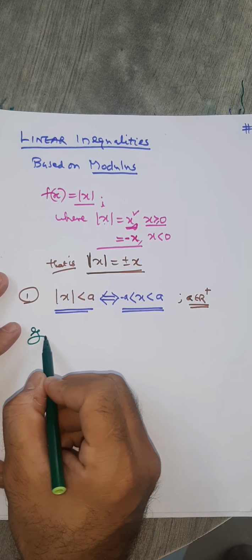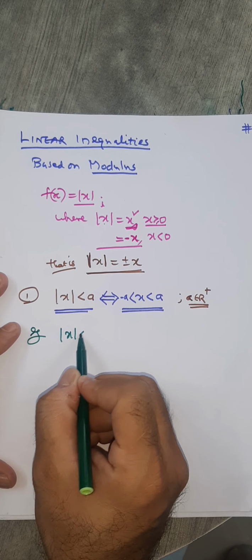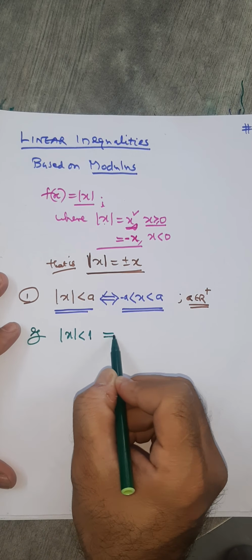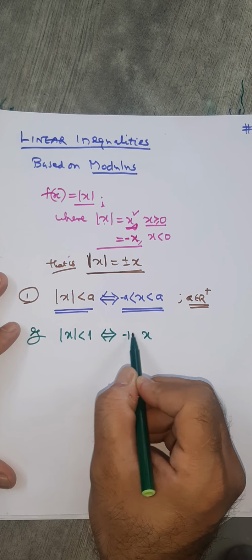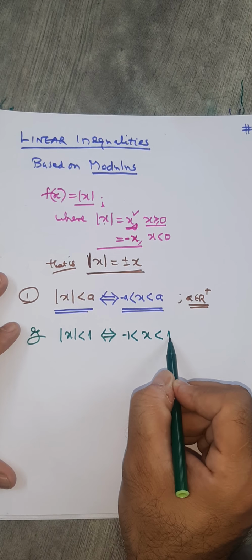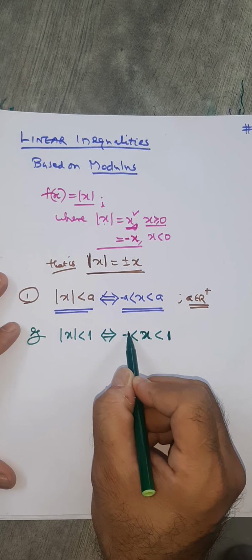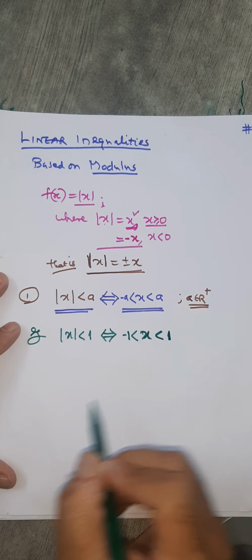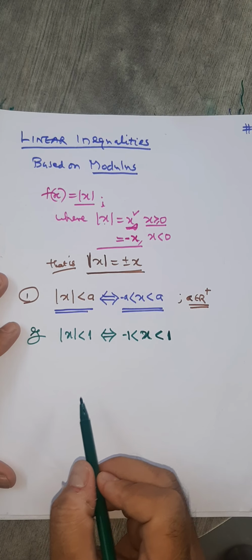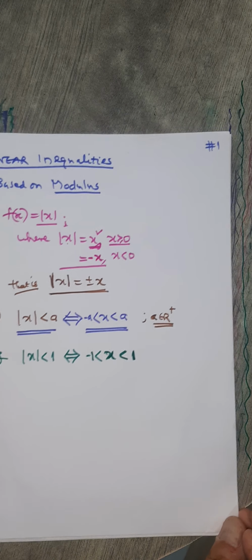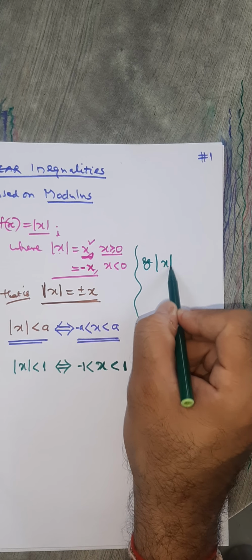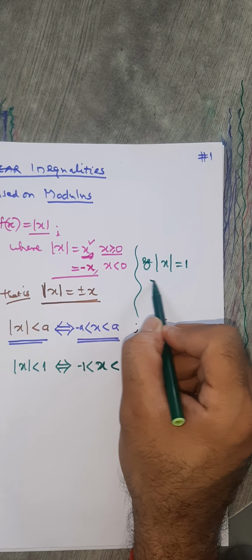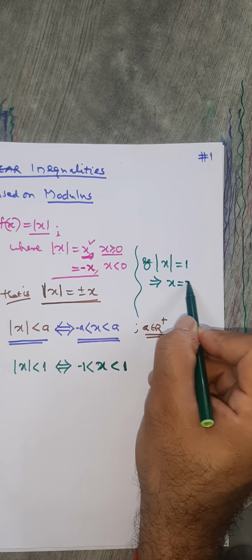For example, suppose modulus of x is less than 1 if and only if x is between which two numbers? Minus 1 to plus 1. Every number from minus 1 to plus 1, remember. For example, modulus of x equals to 1, then we write x equals to plus or minus 1.